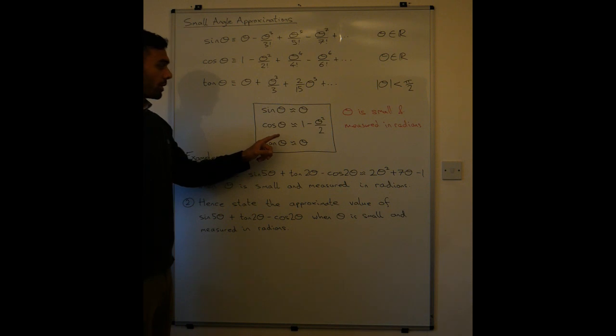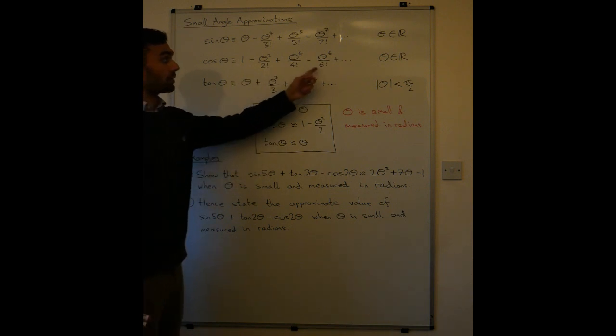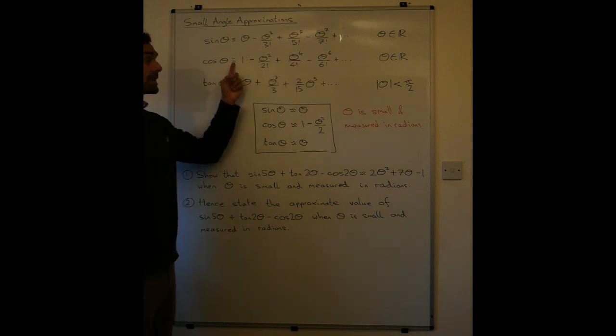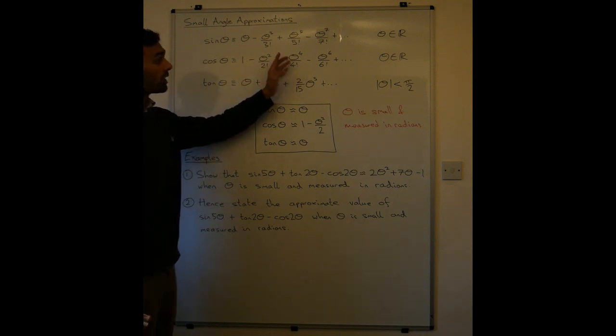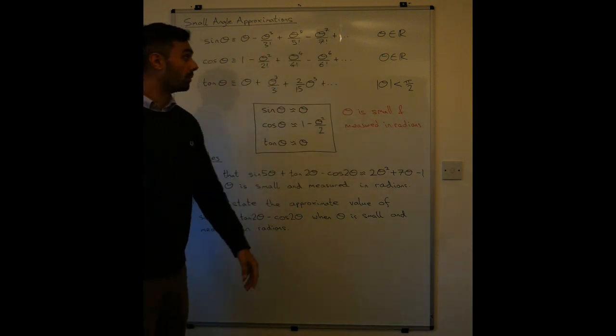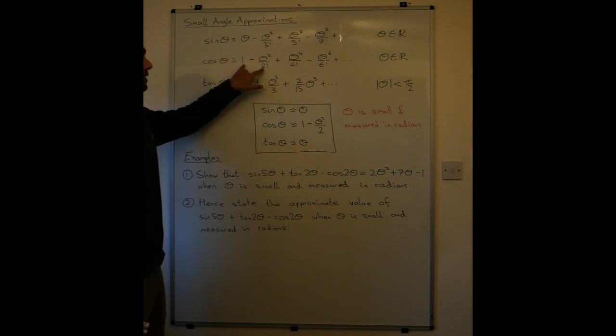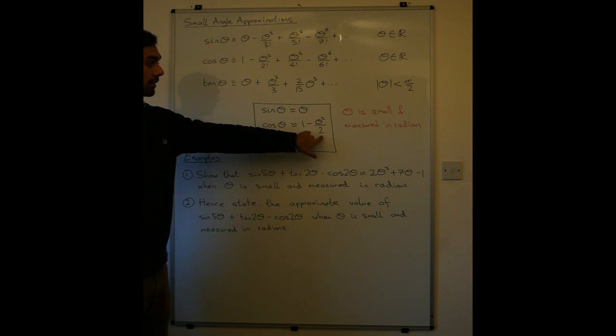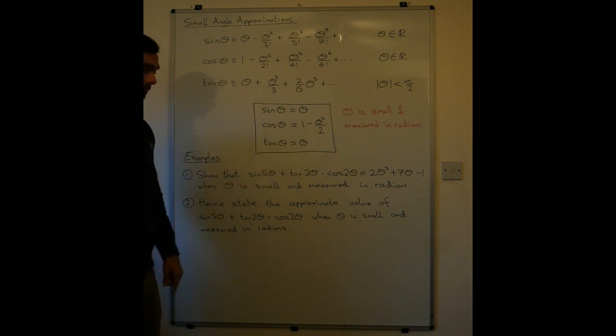And you've probably observed the same thing is happening for cos. If you write an infinite series for cos, it looks like this, and it's equal to cos theta, not approximated. Again, if theta is really small, these later terms aren't doing a lot, and you can just take into account these first two terms here, which we have, and the same for tan.